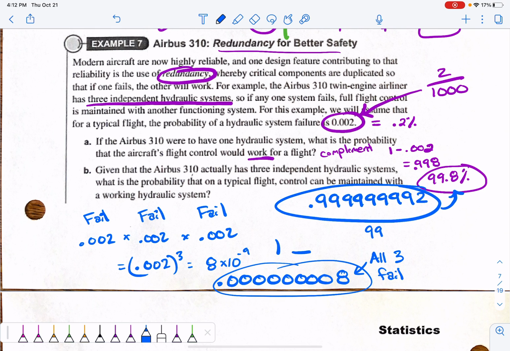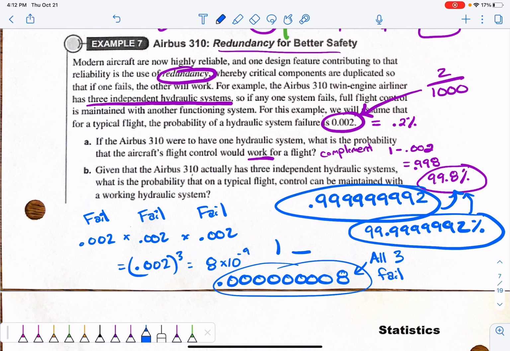This is 99.9999992%, which is a lot higher than 99.8%. I would much rather be on a plane with this success rate, even though it's only about 2 decimals off. I would rather be on the 99.9999992% plane. That's why they put that redundancy in there. For better safety, they put more than one system on there.